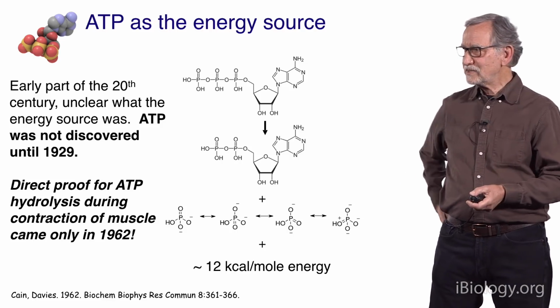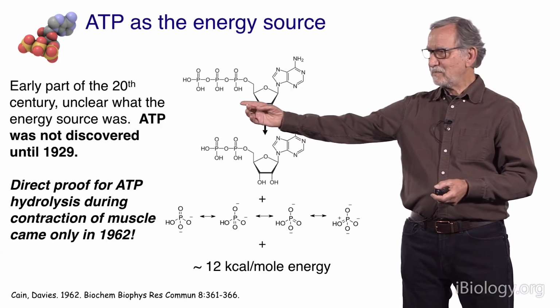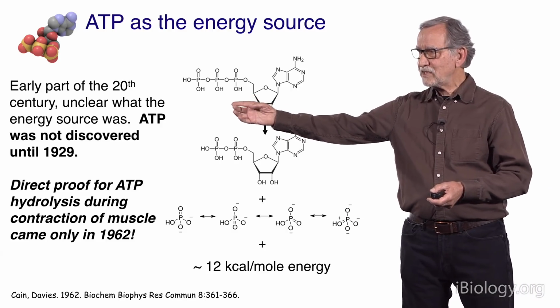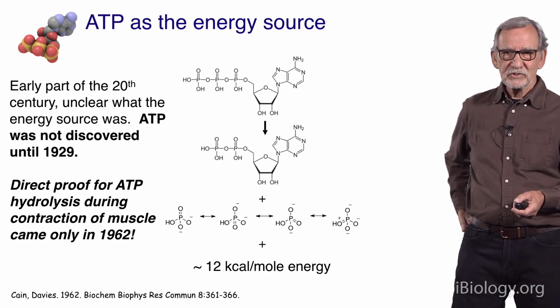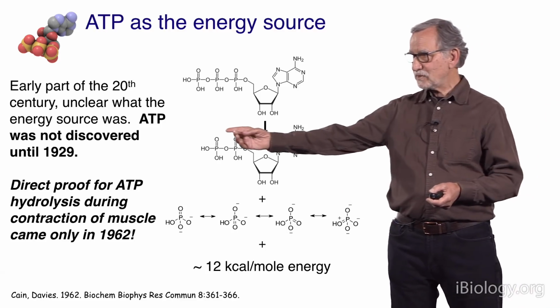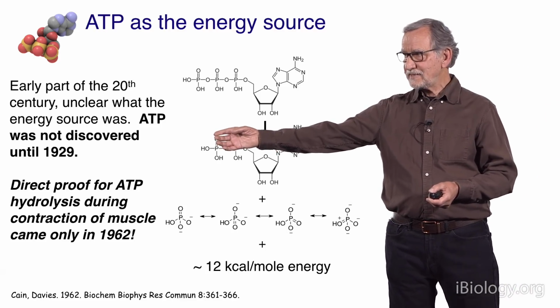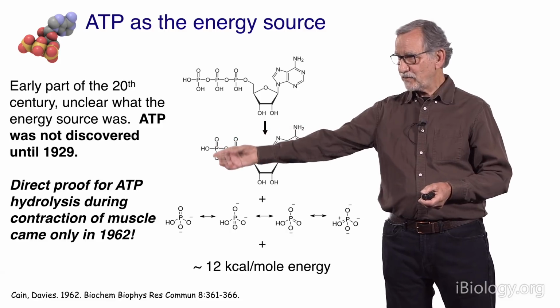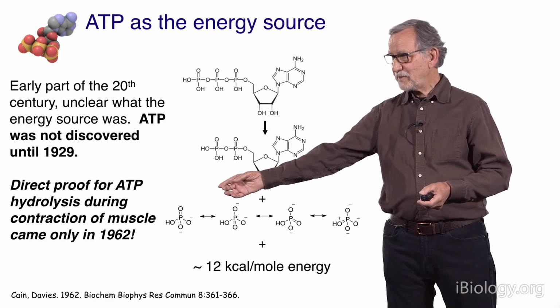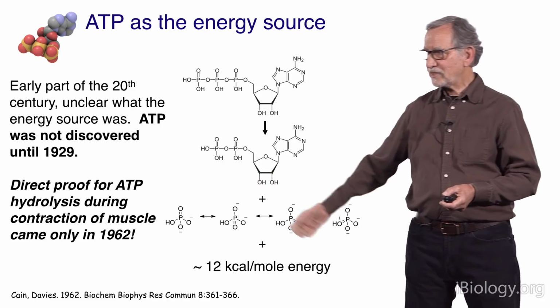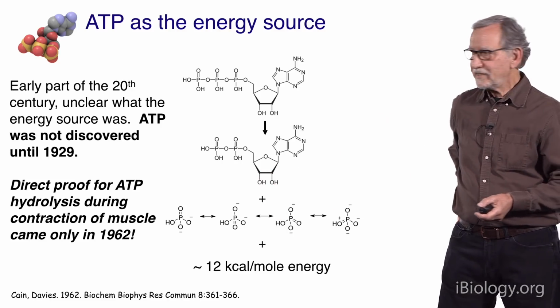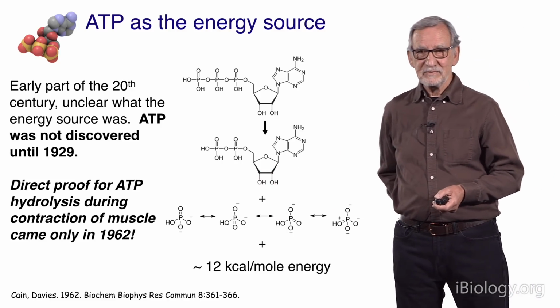What you may not know is that in the early part of the 20th century, it was unclear what the energy source was. In fact, ATP was not discovered until 1929, and direct proof for ATP hydrolysis during contraction of muscle came only in 1962.